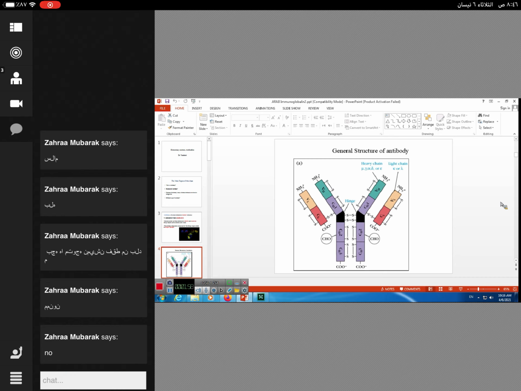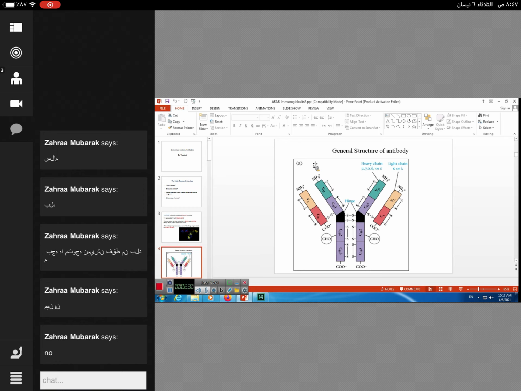A close look at the general structure of antibody shows that antibody is composed of four polypeptide chains: two long chains named heavy chains, and two small chains or light chains. These chains bind to each other with disulfide bonds.